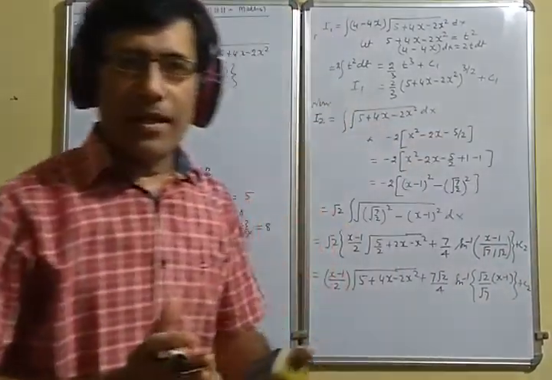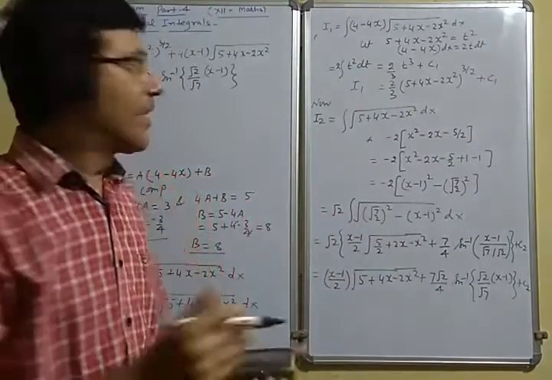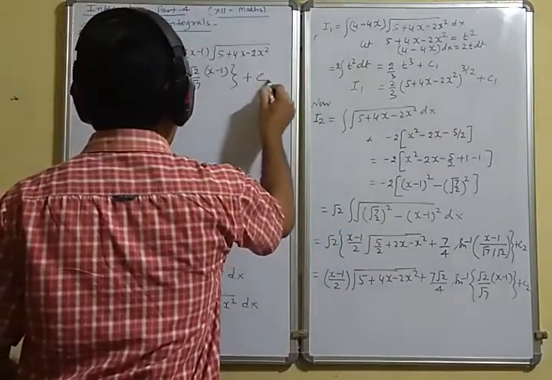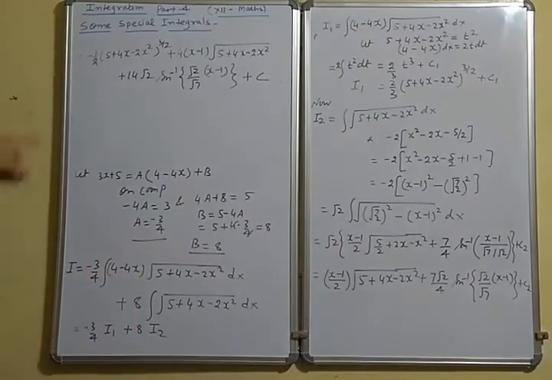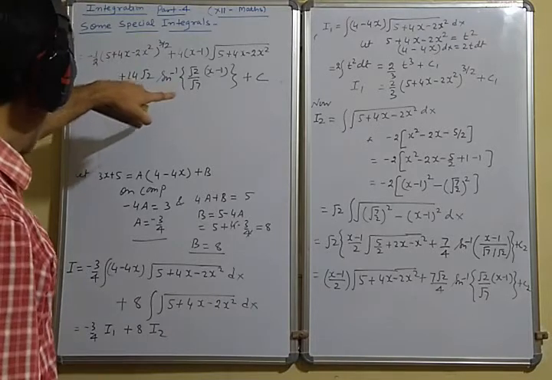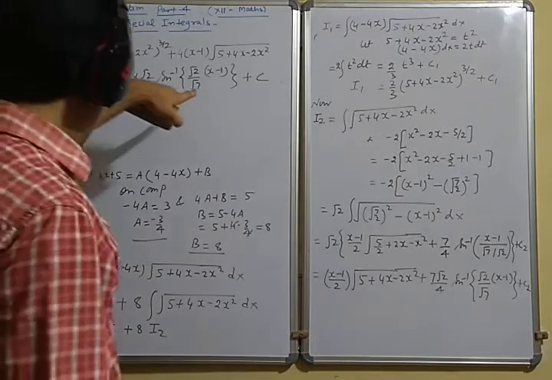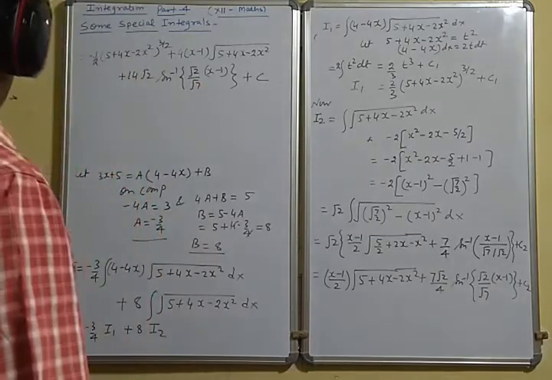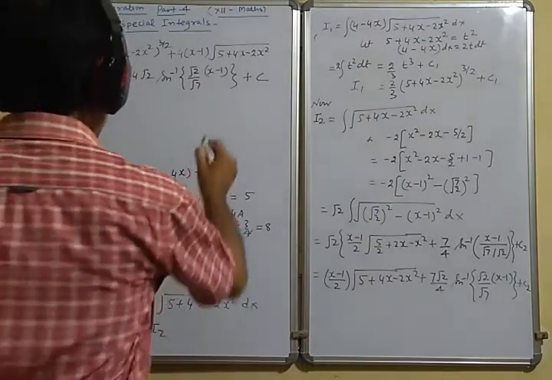So now you can write the next constant, that is c, so plus c. So the required result is minus 1 by 2, 5 plus 4x minus 2x square raised to power 3 by 2 plus 4 times x minus 1 under root 5 plus 4x minus 2x square plus 14 root 2 sine inverse root 2 by root 7 x minus 1 plus c.